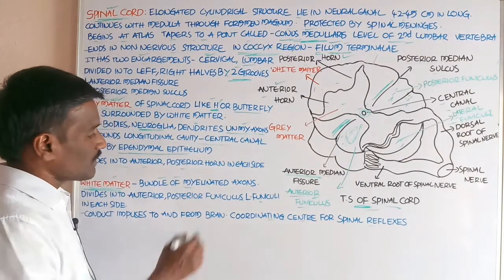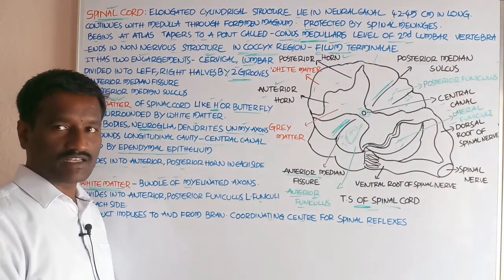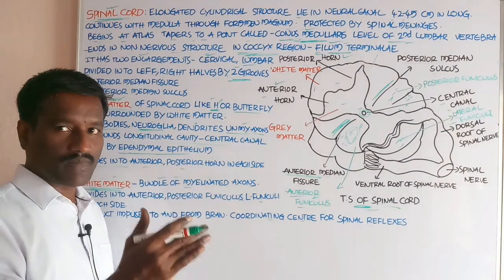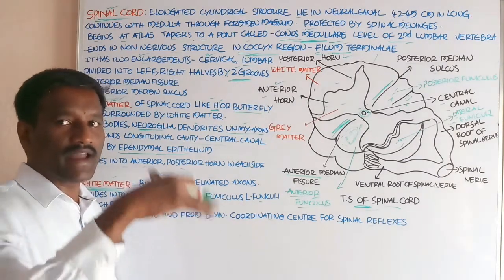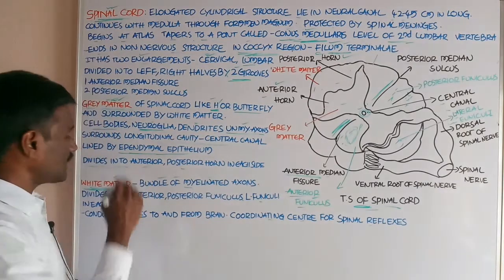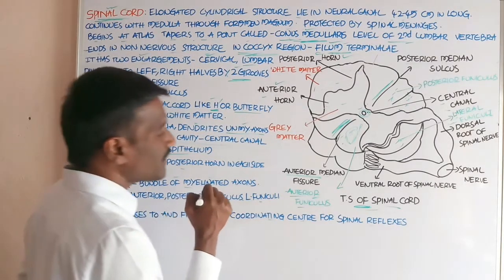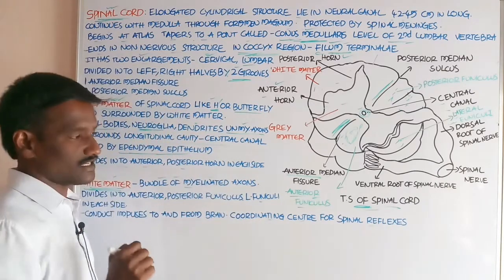These are covered with the myelin sheath, and because of the fat concentration in the myelin sheath, it appears white in color. Myelinated axons are present in the white matter, and the white matter divides into three regions.